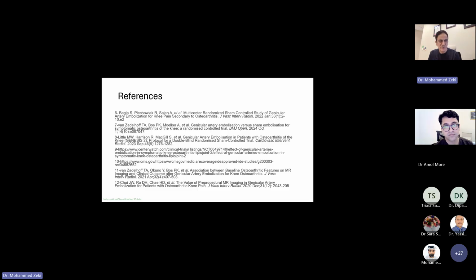There is one study I have looked at, which compared the steroid injection, also from Japan, with this procedure, and definitely this procedure has longer effect, and also it's not as harmful to the joint as the steroid.